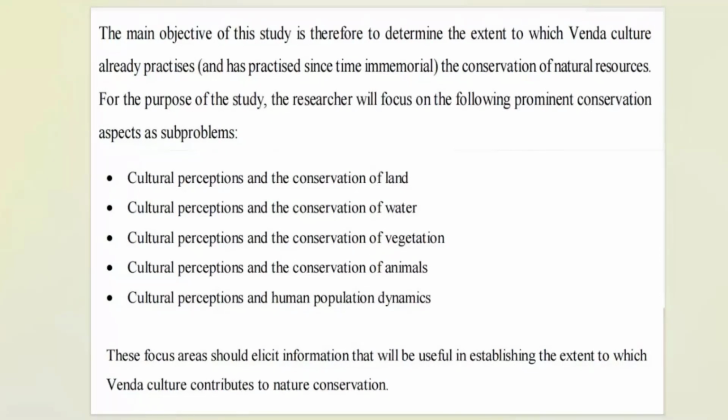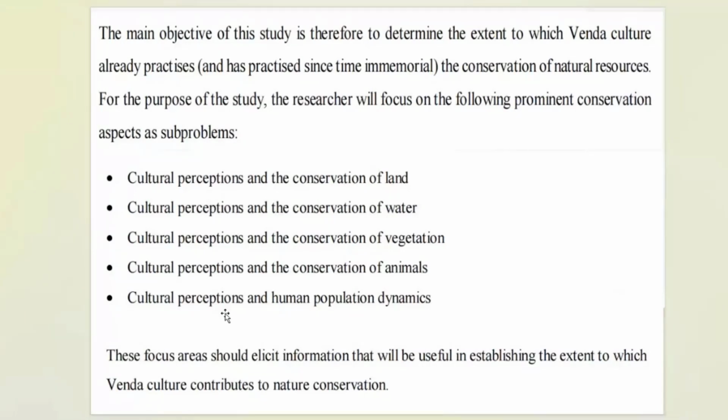This is an extract from chapter 1. And here, that is where I had a statement of the problem. But I've captured the main objective there, which is equivalent to the goal. And in order to achieve that one, there were at least 5 sub-problems.